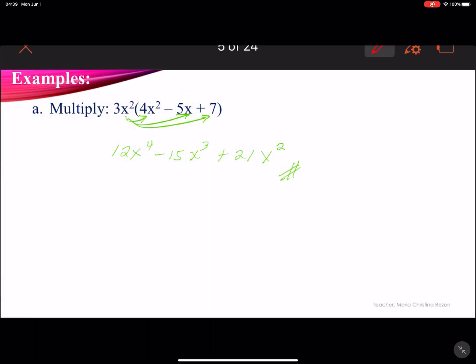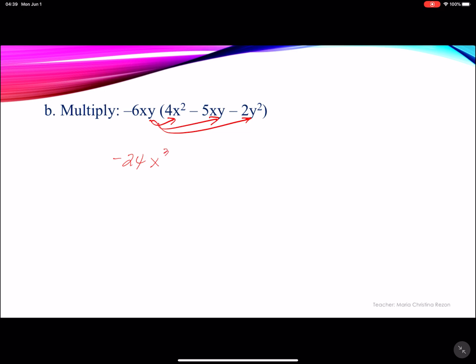Then let's have the second example for multiplication. You have negative 6xy times 4x squared minus 5xy minus 2y squared. So just the same, you are to distribute negative 6xy to each term of your trinomial here. So that is negative 6xy times 4x squared, that is negative 24x cubed y.